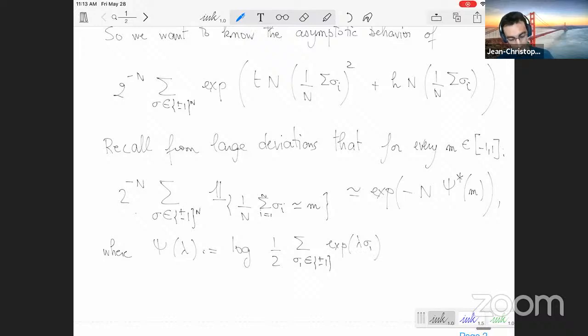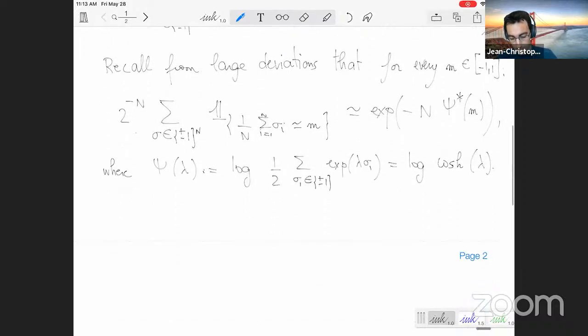This is a complex notation to write just the log of hyperbolic cosine of lambda. And psi star is the convex dual, and you can verify that its expression is given by the following formula.